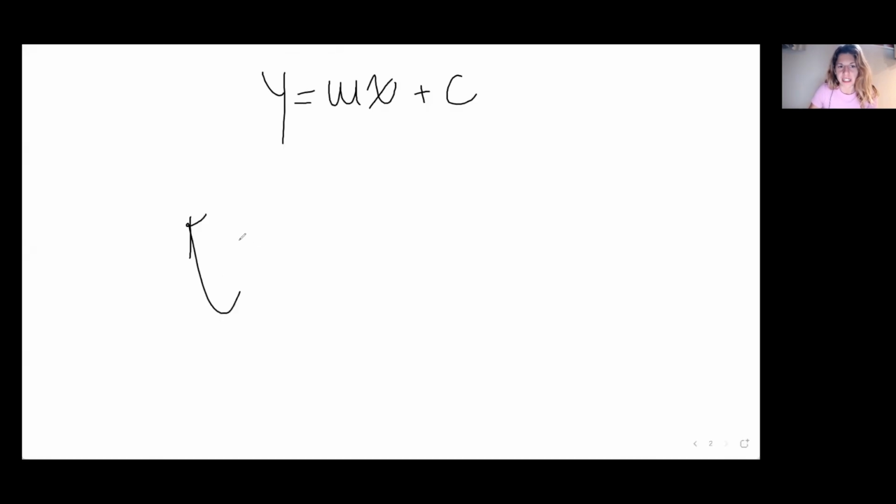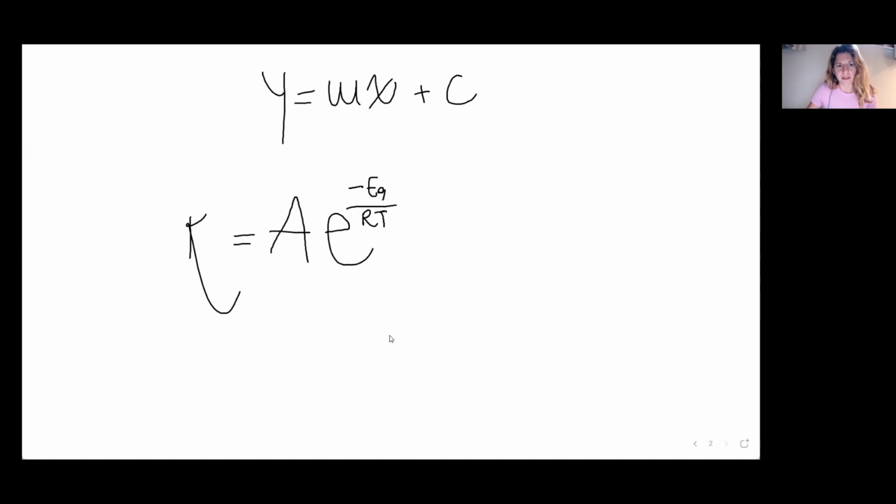So k, the rate constant, is equal to A, which is called the frequency factor but is just a constant, times the exponential of minus activation energy over RT, R being the gas constant and T being the temperature in Kelvin.